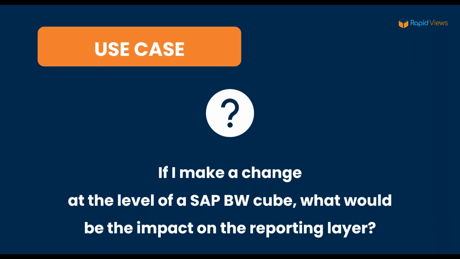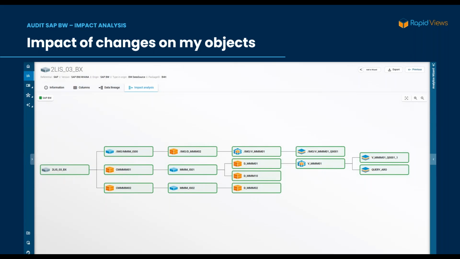And the third use case: if I make a change at any level on my SAP BW cube, or if I make a change directly on an SAP source table, what will be the impact on the reporting layer or just on the BW layer? What is the impact of a change in the source? In this case, I can use the impact analysis feature to see all the objects linked to one source or one column.